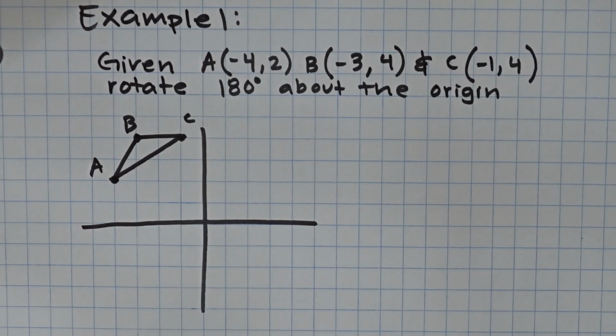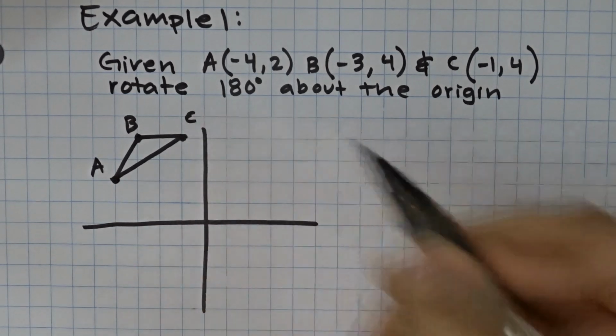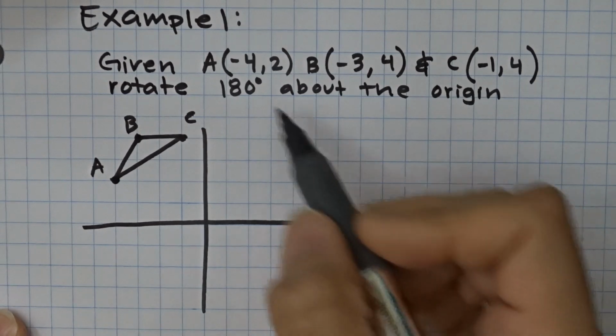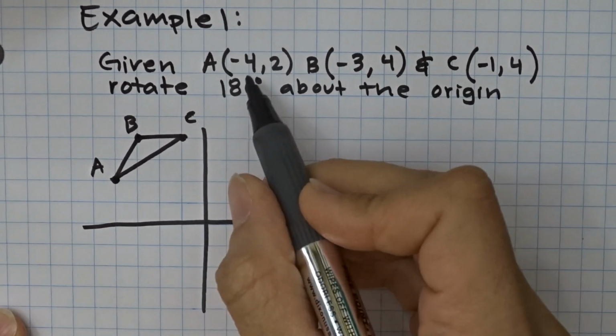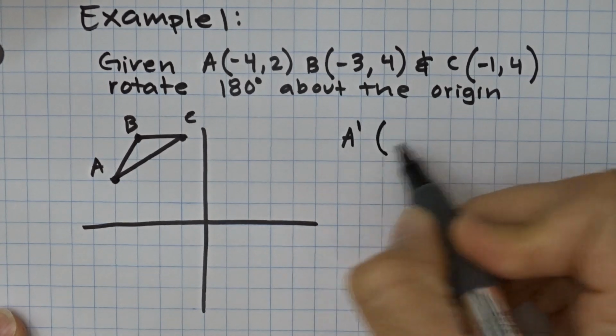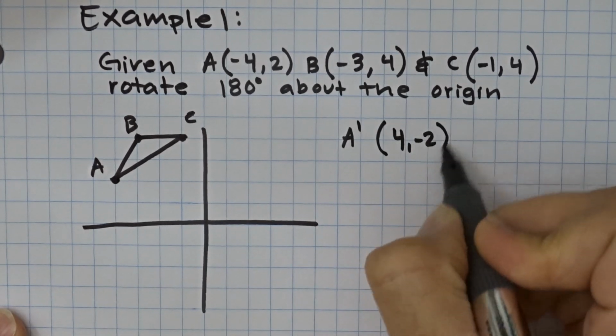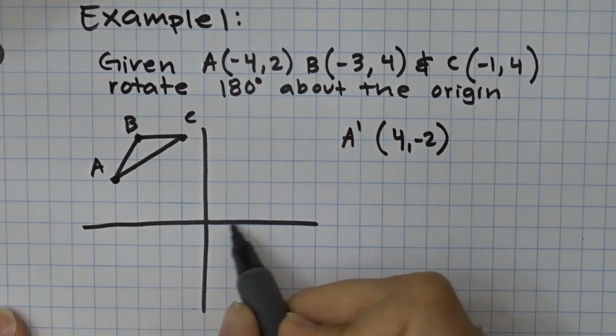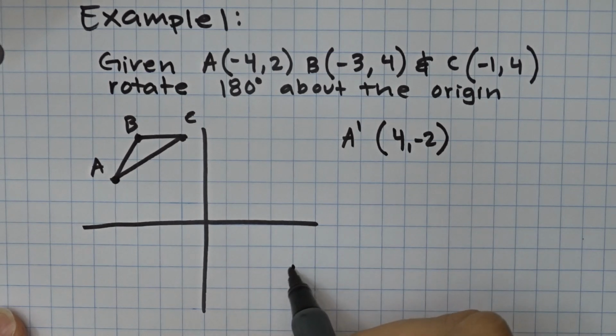Now, there's a rule that when you're rotating, the signs will change. So if you have a -4, 2, my new A prime is going to be 4, -2. It's the complete opposite of exactly what you had. So 4, -2 would be here. 1, 2, 3, 4, 1, 2, -2.